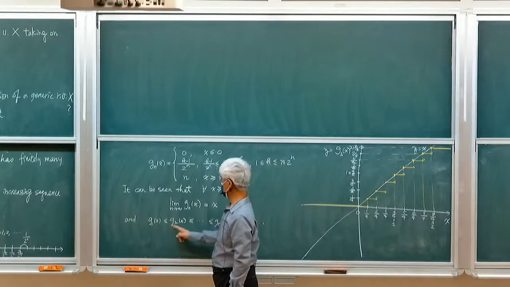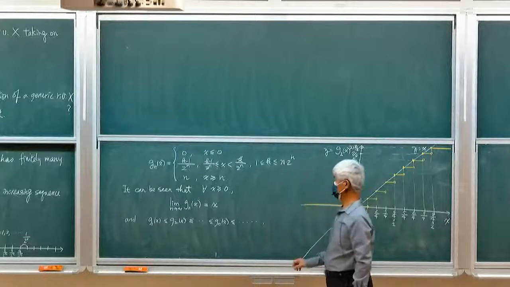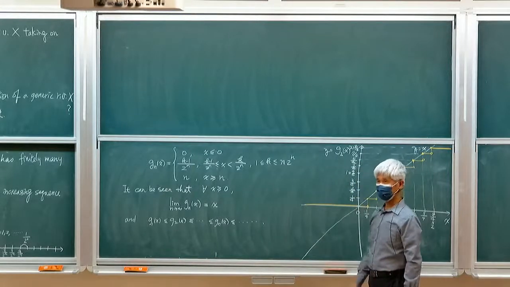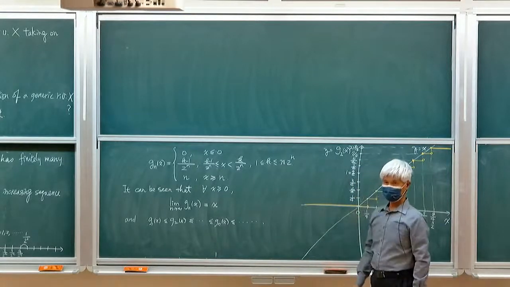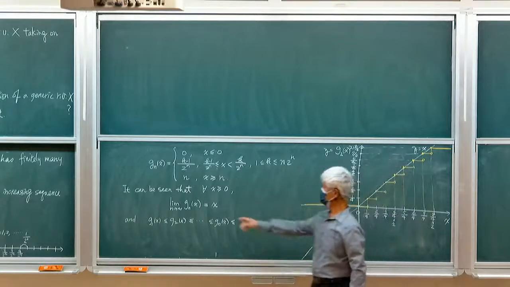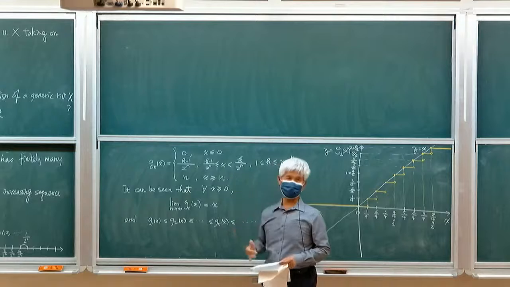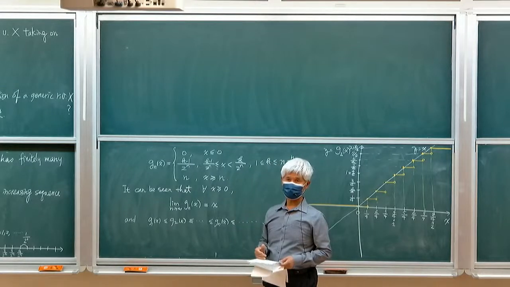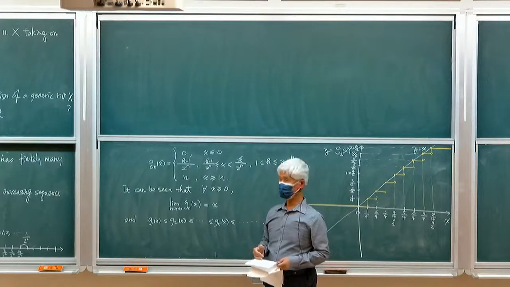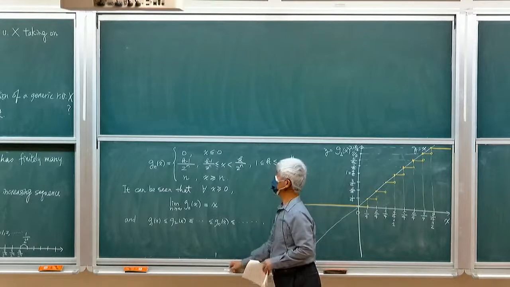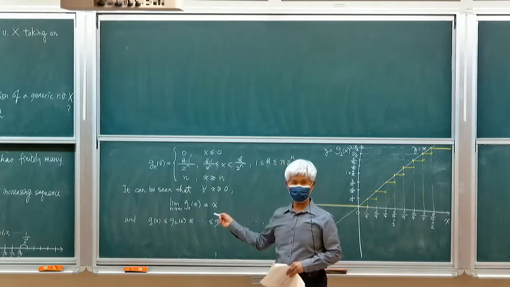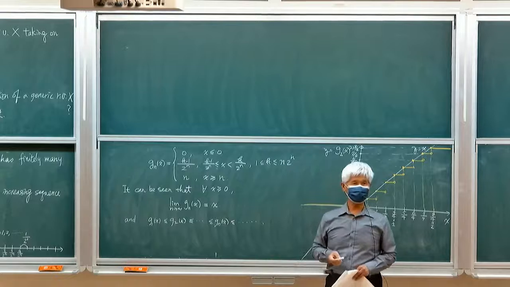The monotone increasing property is from the construction, right? Because as n goes up, the resolution becomes higher and higher. Any questions about the quantization function?